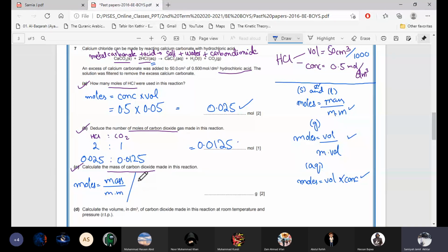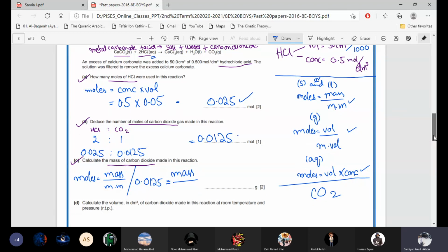The moles of carbon dioxide are 0.0125 is equal to mass you have to find out divided by what's the molar mass? 44. Carbon dioxide molar mass is 44.